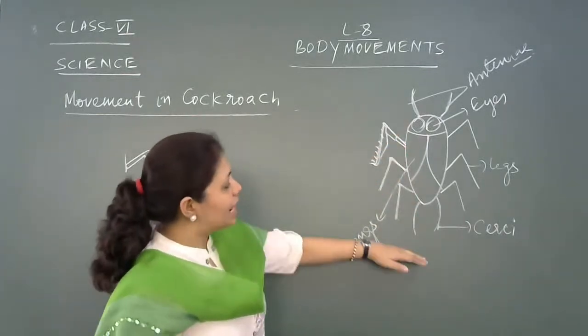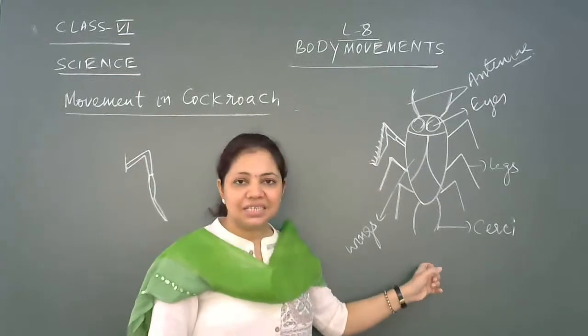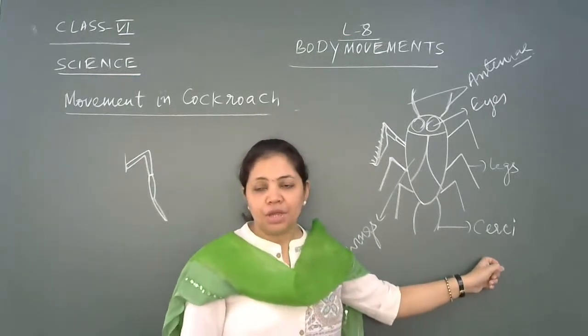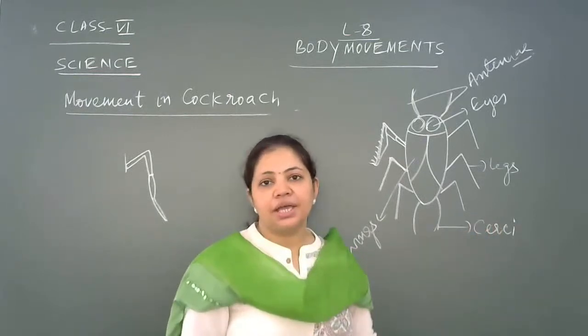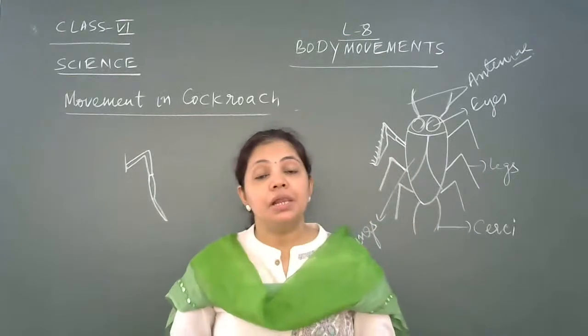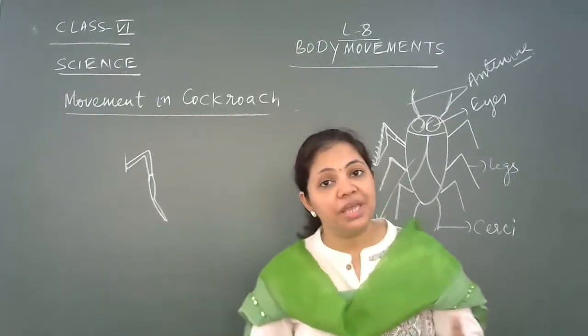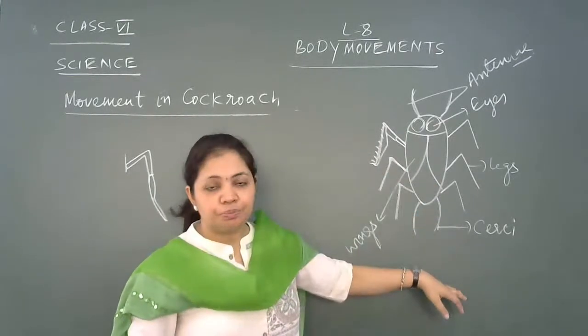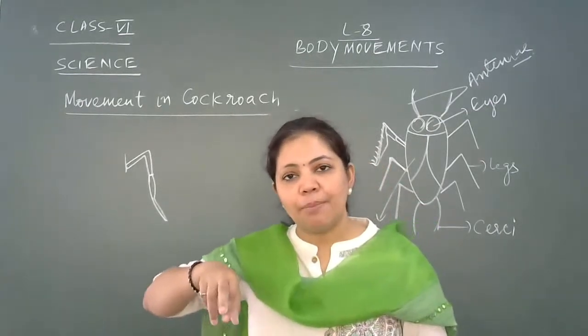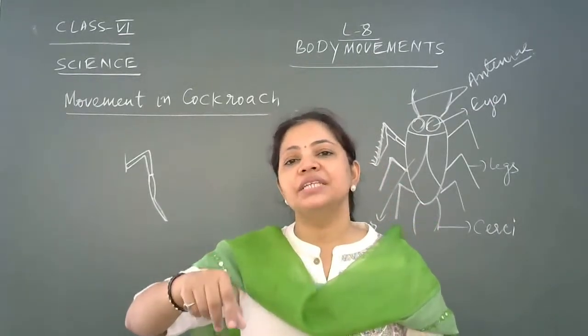Then on the rear side of the cockroach are again present two hair-like structures which are called cerci, right? Now these cerci help a cockroach to feel the movement of things on its backside. That's why you might have experienced that when you try to approach a cockroach from the back side, it runs away.